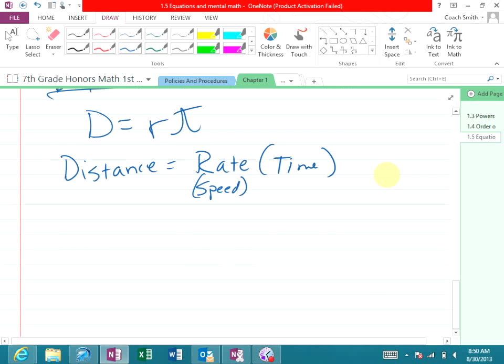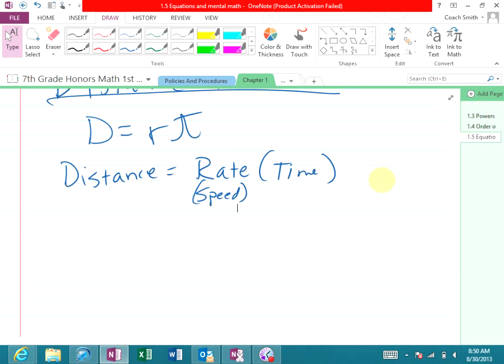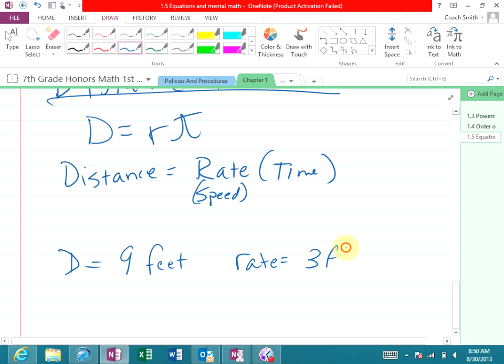Okay? So, distance equals rate times time. So what they're going to do is this. They're going to give you, for example, your distance is equal to 9 feet. Okay? Your rate is equal to 3 feet per second. Okay?